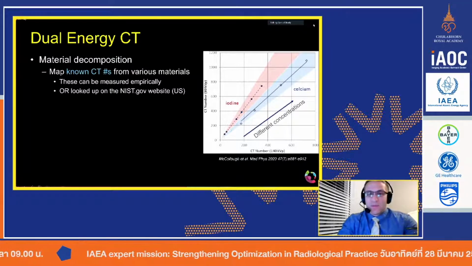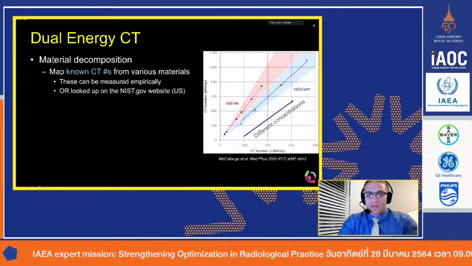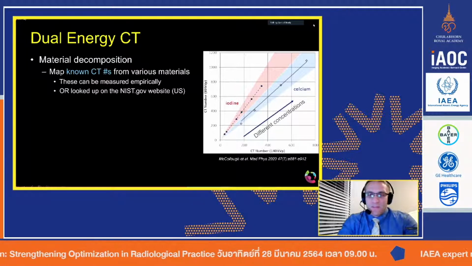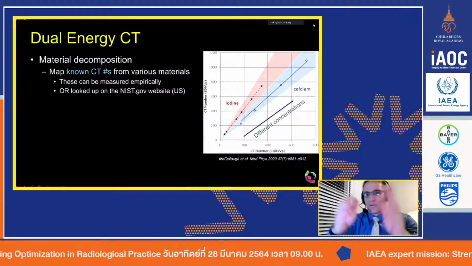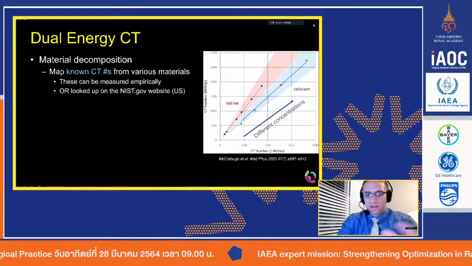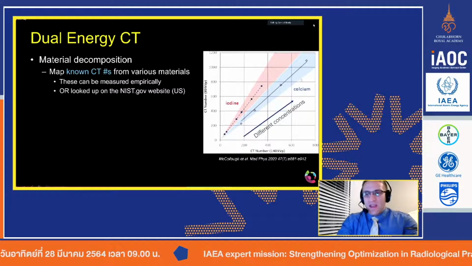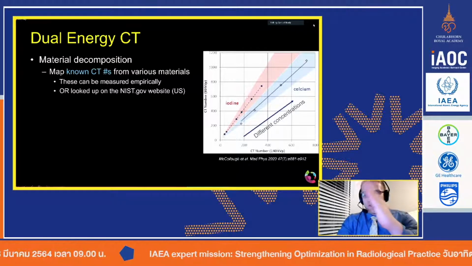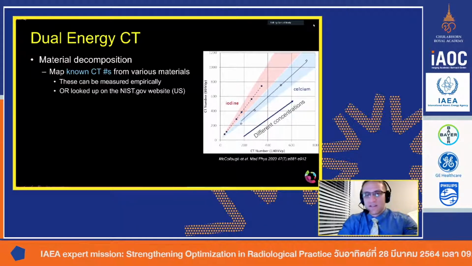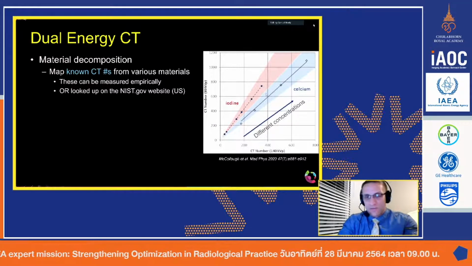And as we do that, we plot along this curve a response curve for iodine at these two energies. And we do the same thing with calcium, and we can do it for multiple different tissue types and objects. And what we do is we create all of these various different curves. And the fact that these two curves are separated gives us the ability to distinguish the two.